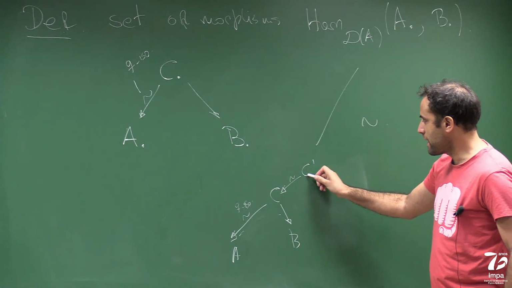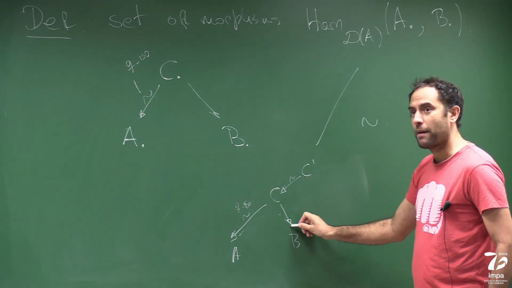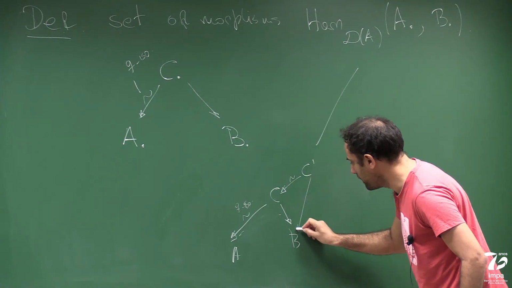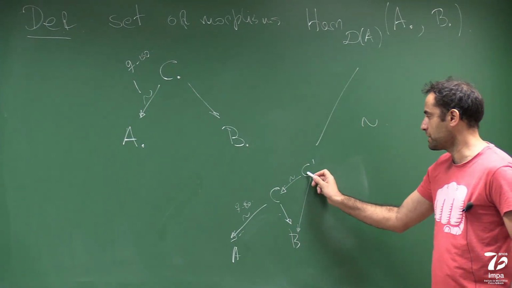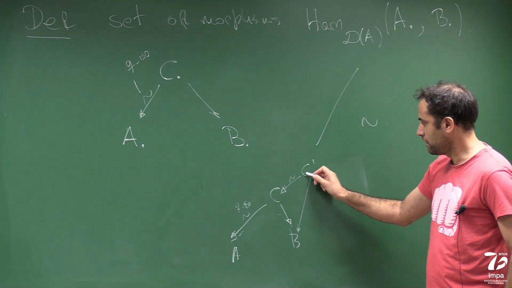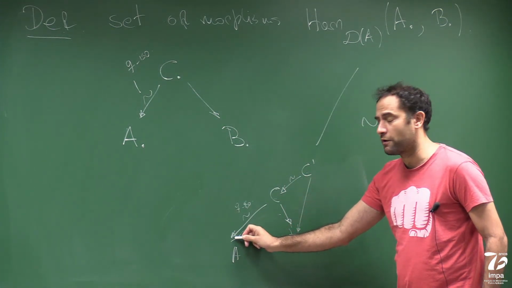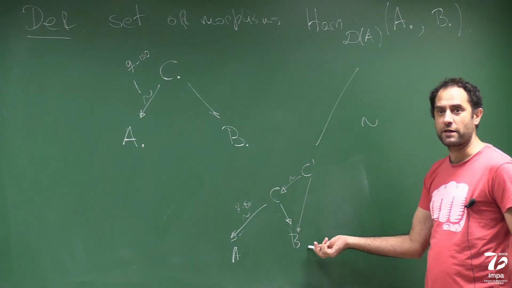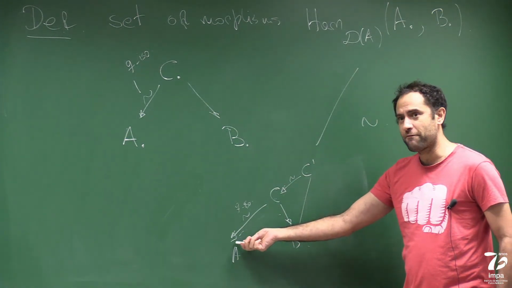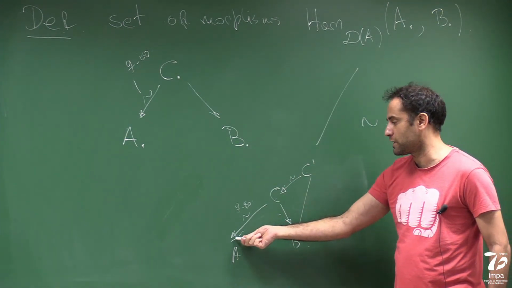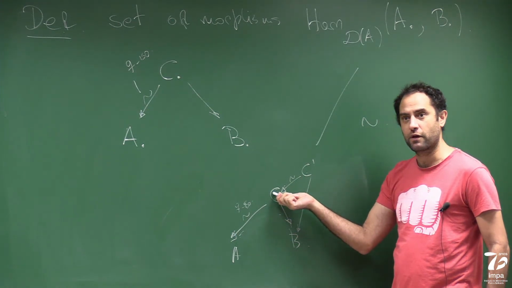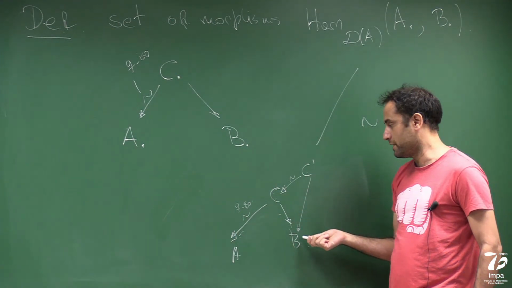Then you can now compose this map. It gives you a map here. This is just the composition of this map that you had, and then this composition is a quasi-isomorphism with a quasi-isomorphism. This should be the same map from A to B. Because as a map from A to B in the derived category, this is just the composition of the inverse of the corresponding map between these two with this.